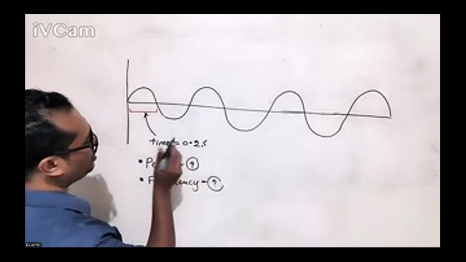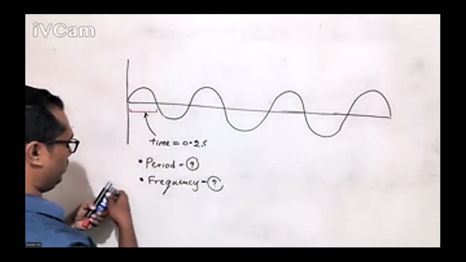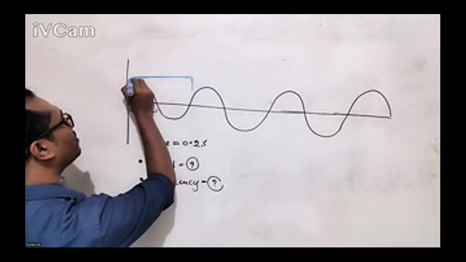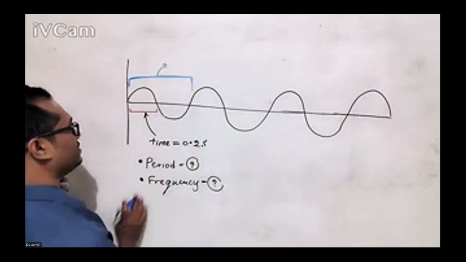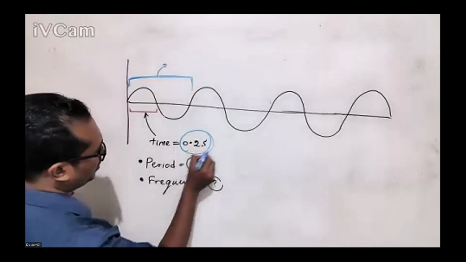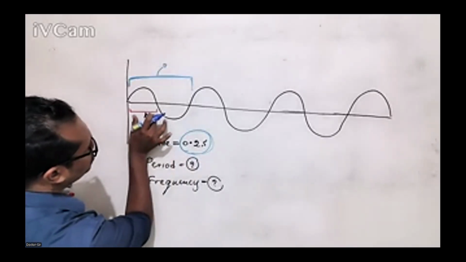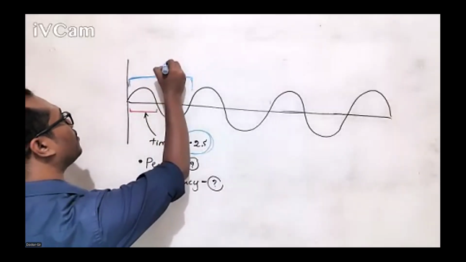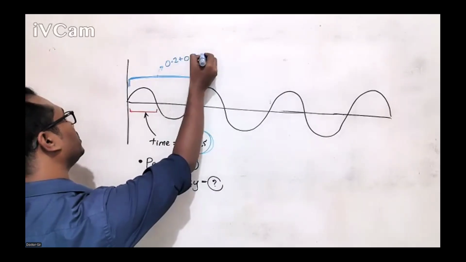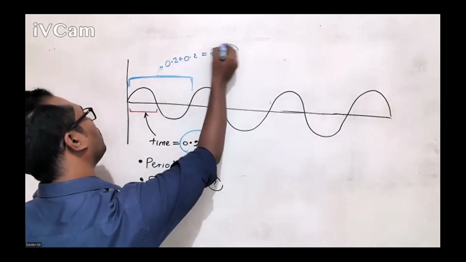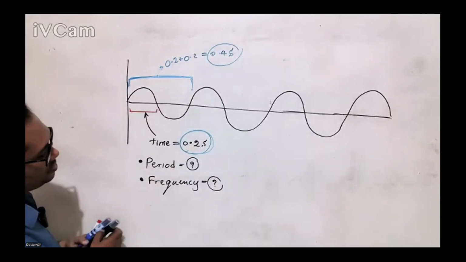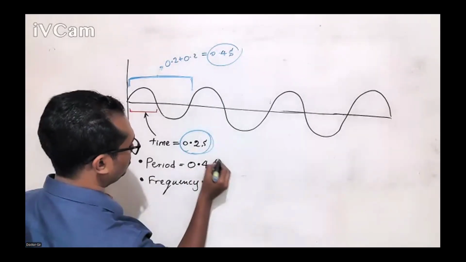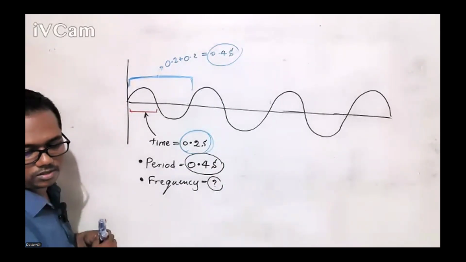The time duration for one wave cycle is equal to the period. This is 0.2 for one crest, and 0.2 for one trough. So 0.2 plus 0.2 will be 0.4 second. So the period is 0.4 second.